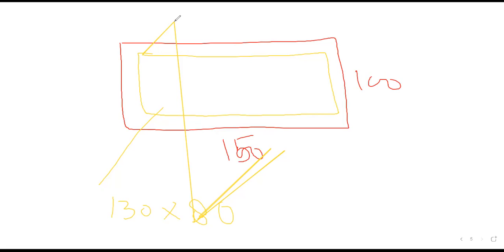Because we are looking for the circular track over here. So what should be the border of that? We will have to convert this into a circle. So can you solve this? Just try it.